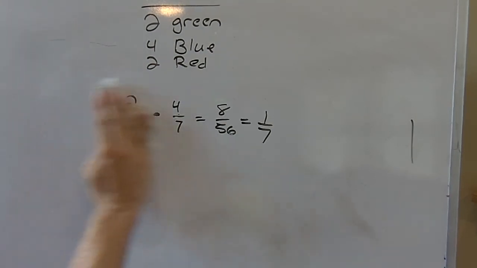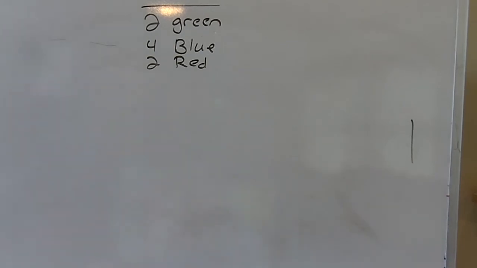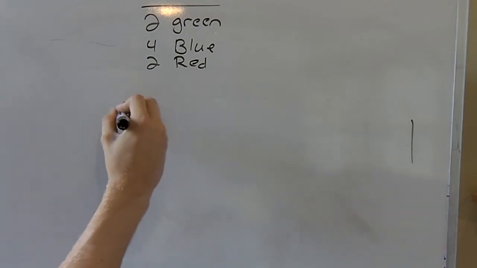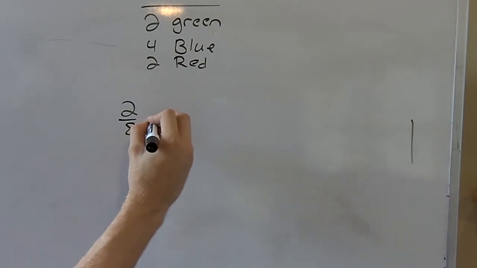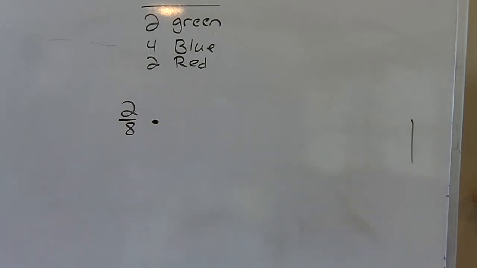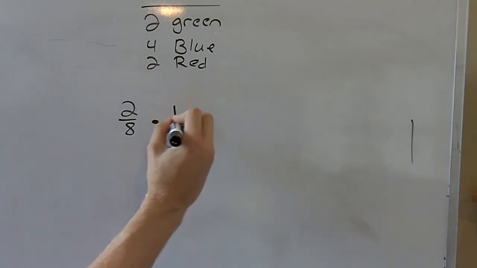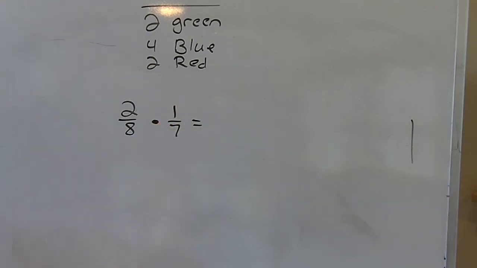Now I'm going to go over one more example for a dependent event because we haven't discussed this yet. What happens if I want to pull both of the green marbles in a dependent event? Well, I have a 2 out of 8 chance to pull the green marble the first time. Now, on my second pull, both numbers are going to change, and I'm going to have a 1 out of 7 chance. Because I have one less green marble in there, and there's one marble less in the bag.